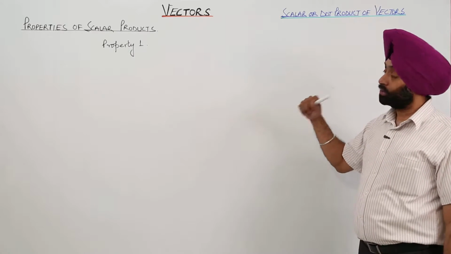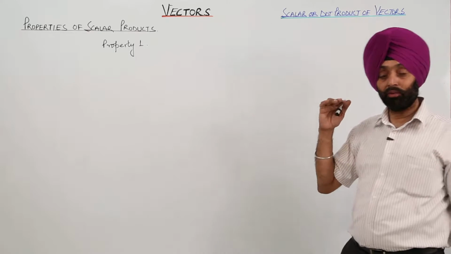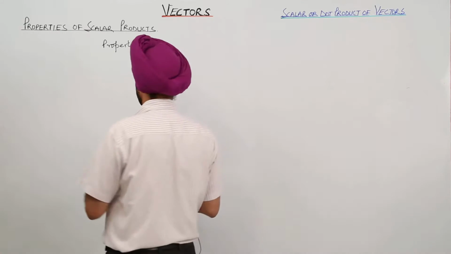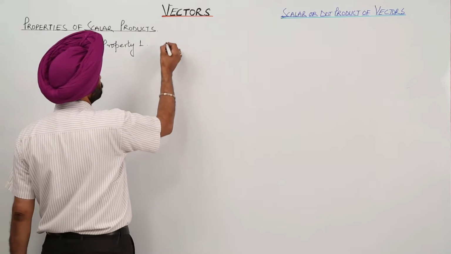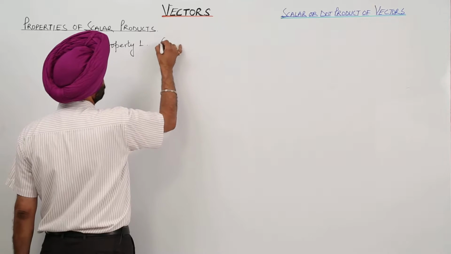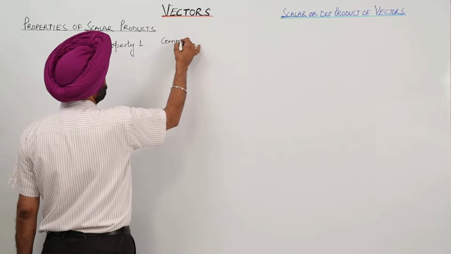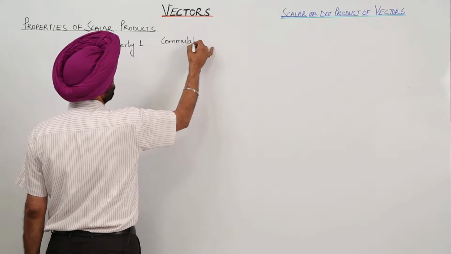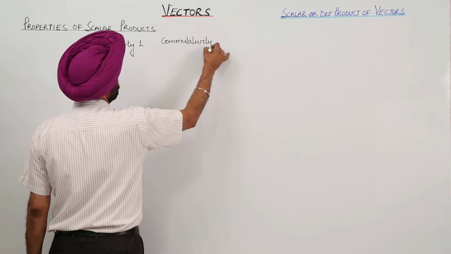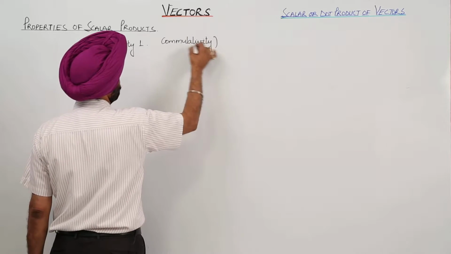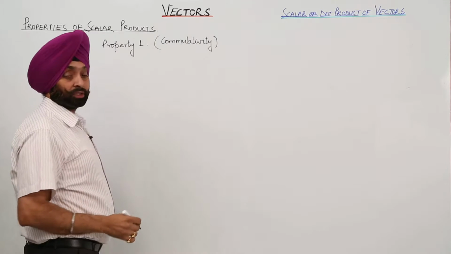Properties of scalar products. We are moving with property number 1. Now property 1 is commutativity. Now what does this term mean?